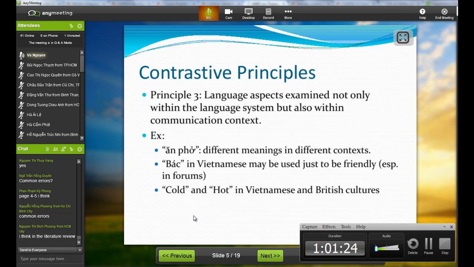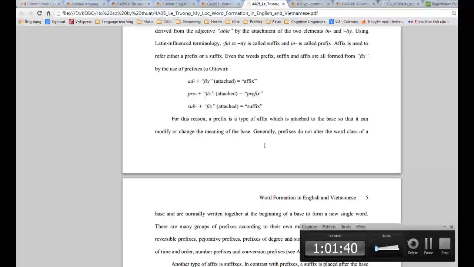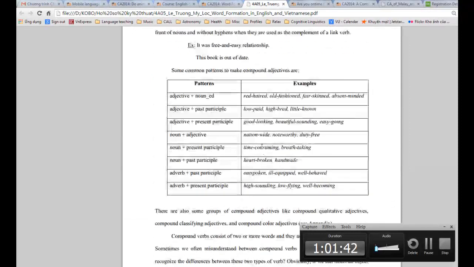Now, for principle 3, language aspects examined within the language system and also within the communication context. Do we see communication context analyzed in this essay?